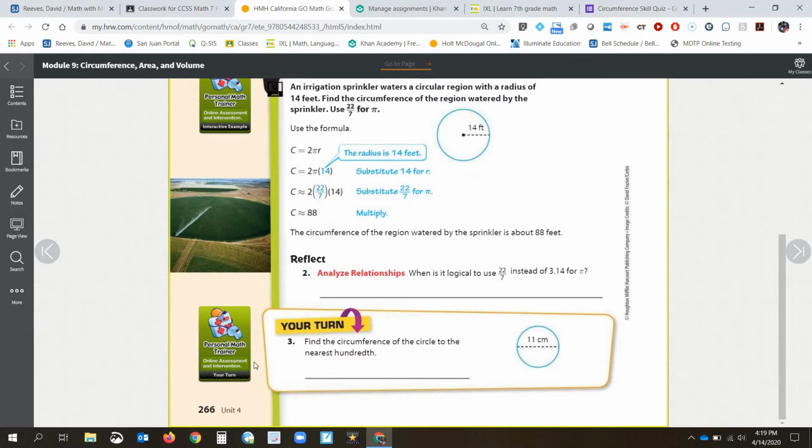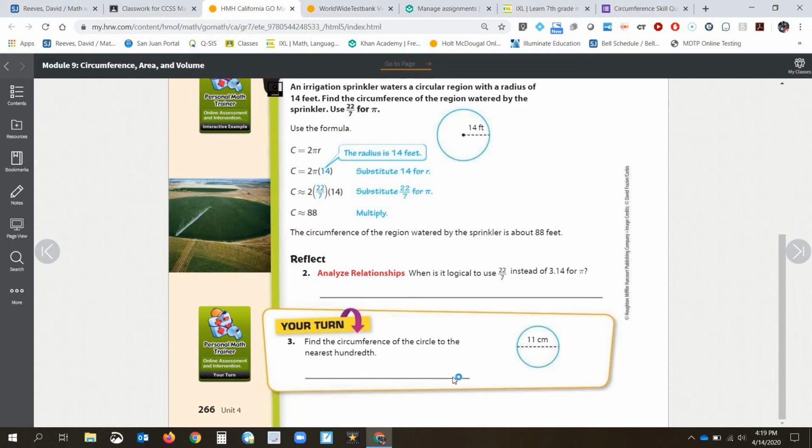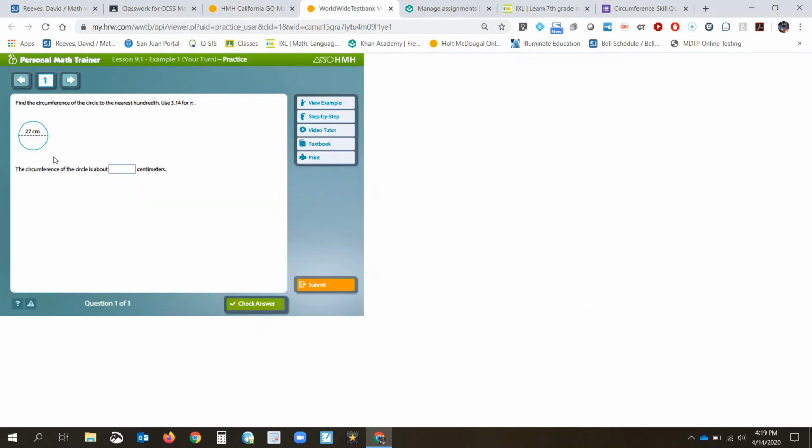And when you see these personal math trainers, I'll go ahead and click on it. Those are interactive problems. So if you look in the book, you'll see we have a problem here with a diameter of 11, and it asks you to find the circumference. When you click on the personal math trainer, it actually pulls up a problem. You notice it didn't do 11.